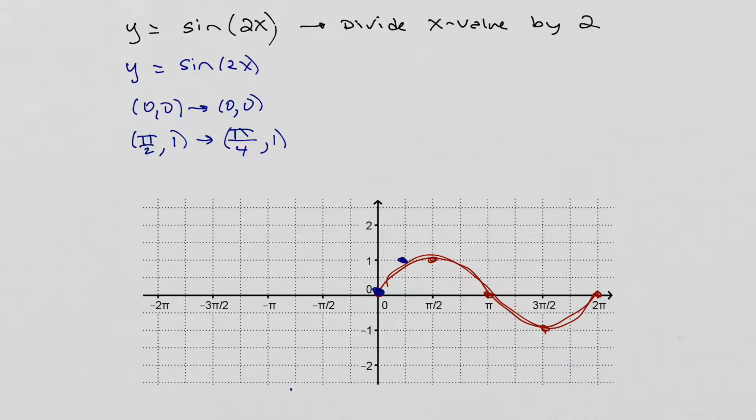Right there. The point pi comma 0, multiply that x value by a half will give me 1/2 pi comma 0. So that'll be right to there. And then this other point gets shifted to 3 pi over 4. This one gets pushed to pi. So it looks like this thing.